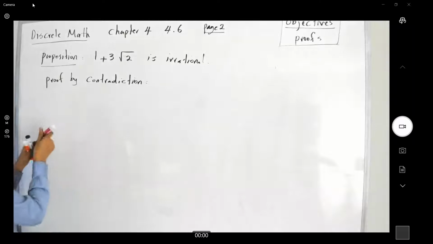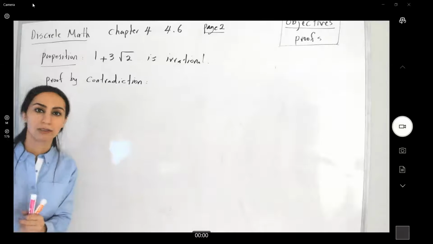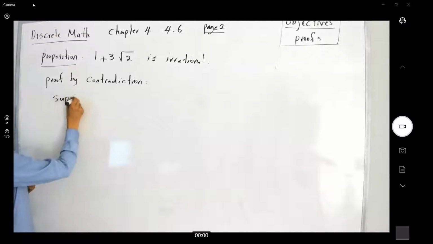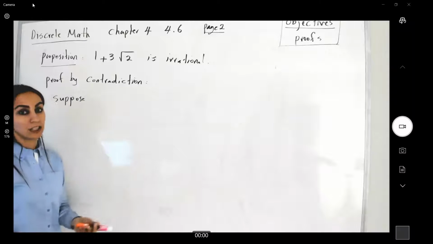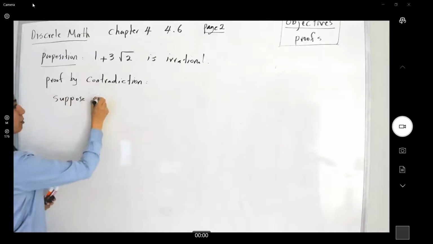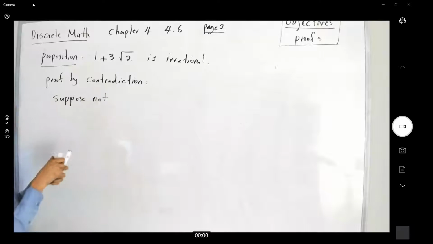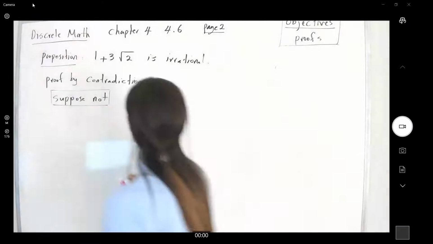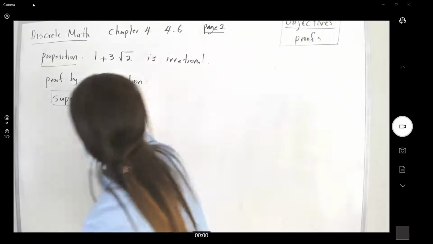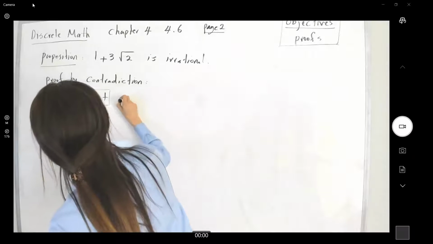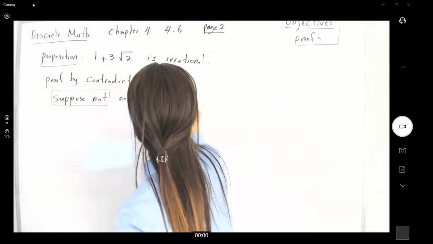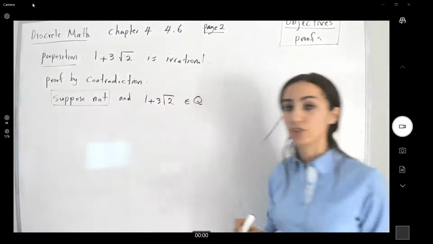So, proof by contradiction. Suppose the negation of this statement is true. Suppose not, and 1 plus 3 times square root of 2 is rational.